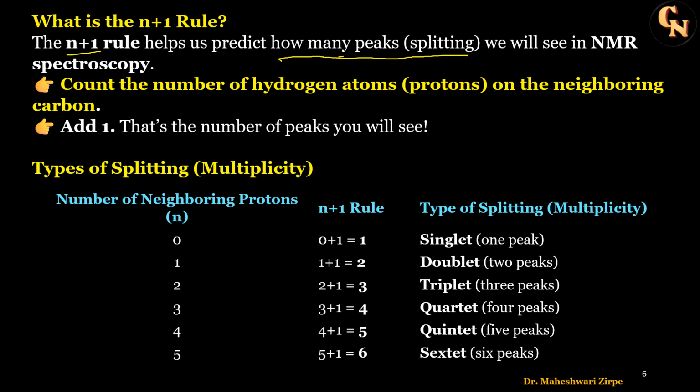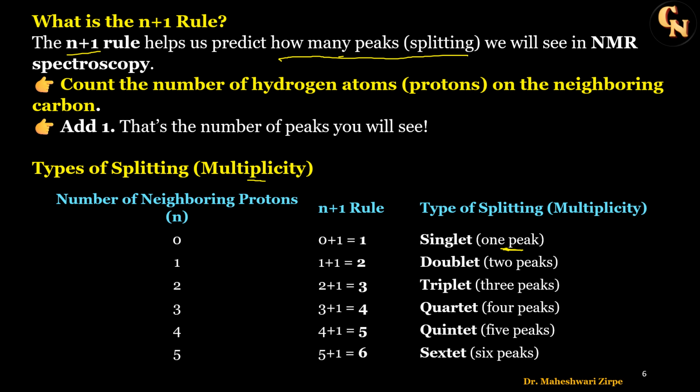Splitting is also known as multiplicity. If the number of neighboring protons, indicated by n, is 0, then according to the n+1 rule, only one signal will be there, and it will have only one peak. One peak is called a singlet.